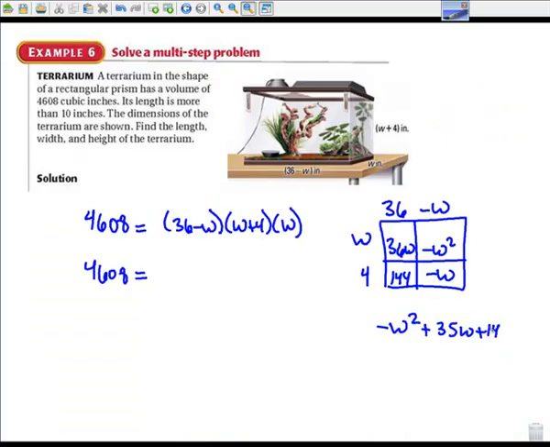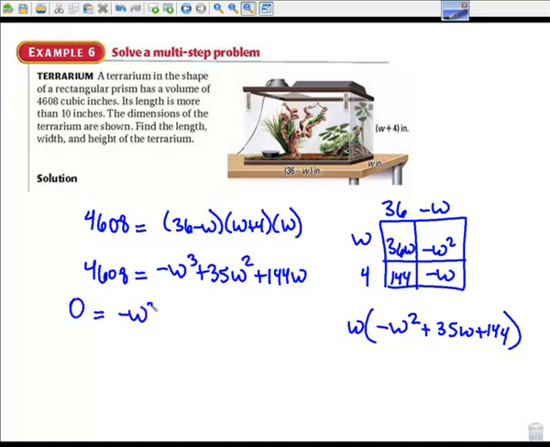Oops. I still have to distribute now the W. So when I do that, that gives me a negative W cubed plus 35W squared plus 144W. Now in order to solve this for the width, which is what I can find in the beginning, I have to set it equal to 0.